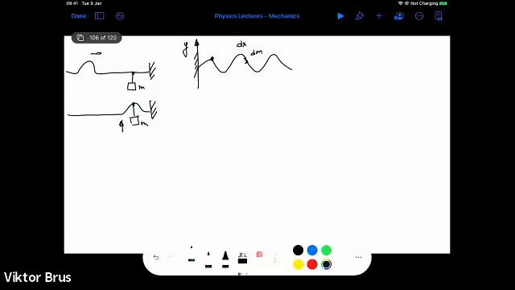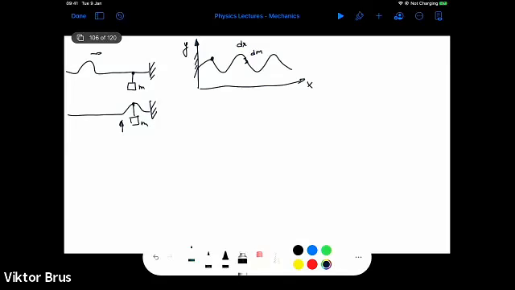It doesn't change location along axis x. This movement will be a simple harmonic oscillation, this up and down movement, because this sinusoidal wave is generated by a single harmonic oscillator attached to its end.